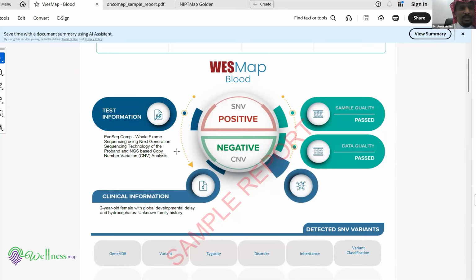Is it enough to do single whole exome sequencing, or do you prefer as a doctor to do the trio exome? No, trio whole exome, of course, is very important. For example, if we see this specific case in front of us, the whole exome sequencing was done for the 2-year-old female specifically. It was not done for the parents. And then the recommendation came that it has to be done with the parents because genetics is basically hereditary.